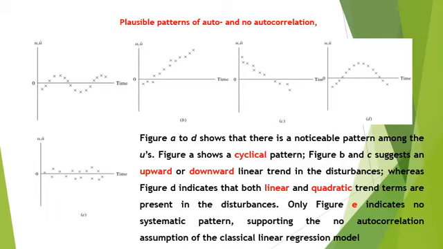Whereas in figure D, both linear and quadratic trend terms are present in the disturbances. Only figure E indicates no systematic pattern, supporting the no autocorrelation assumption of the classical linear regression model. If our data exhibit any of the first four patterns in its disturbances, we have a problem of autocorrelation.